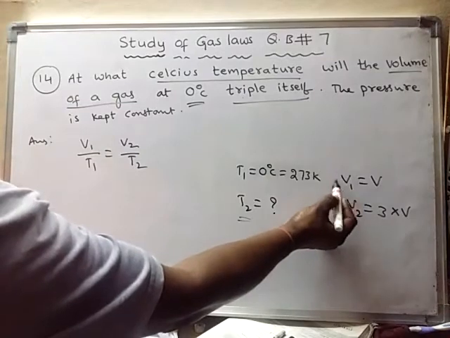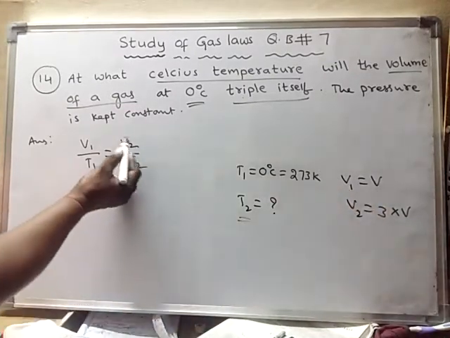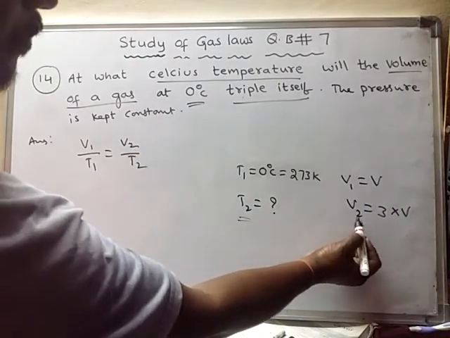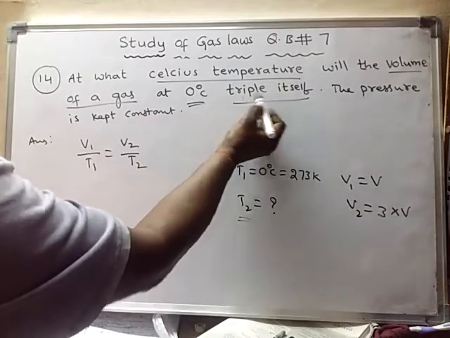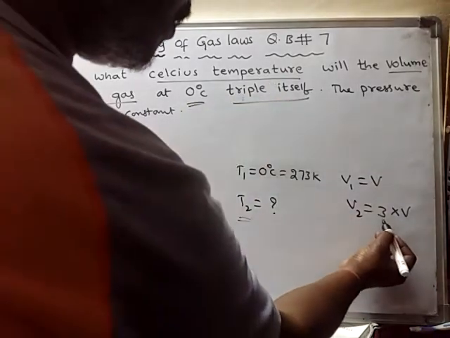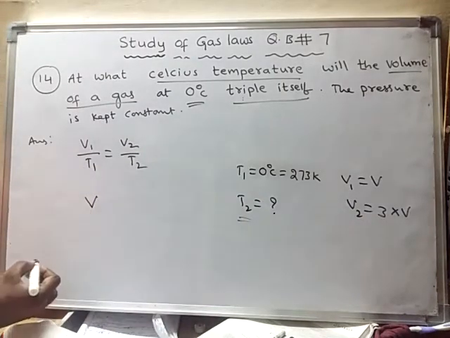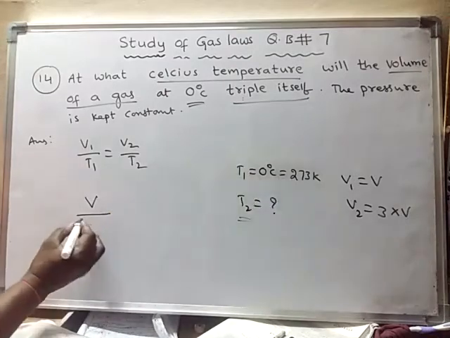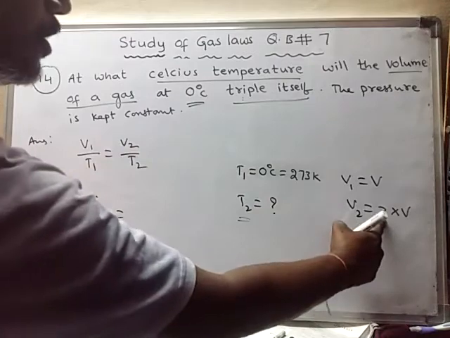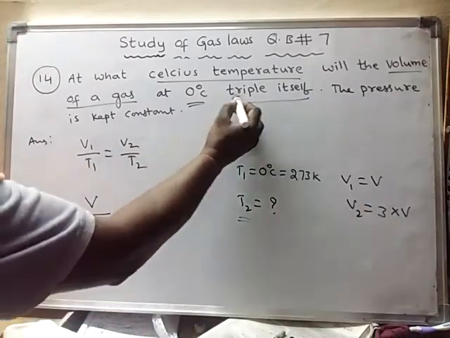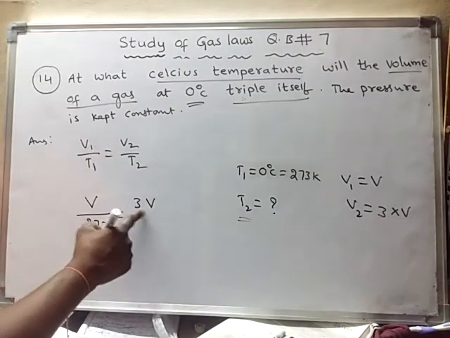Now, what is the V1 value? Suppose the initial volume V1 is V, then the final volume V2 will be 3 times the initial volume, because the volume is tripled. So V1 is V and T1 is 273, and V2 will become 3V.